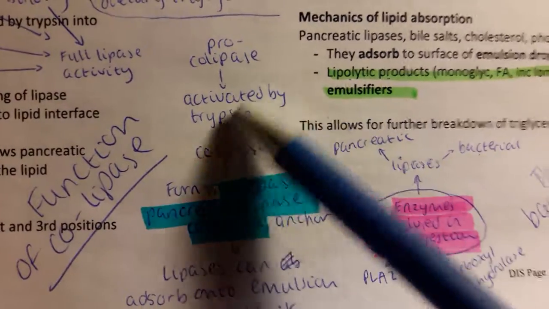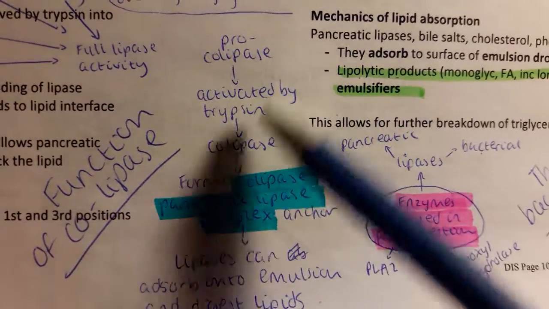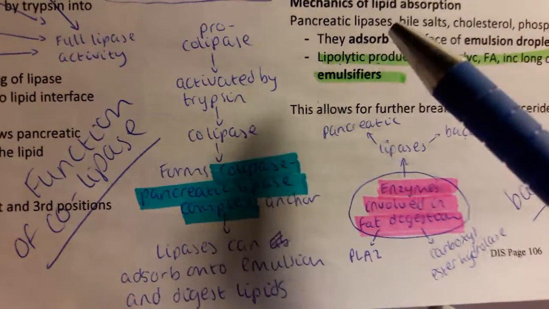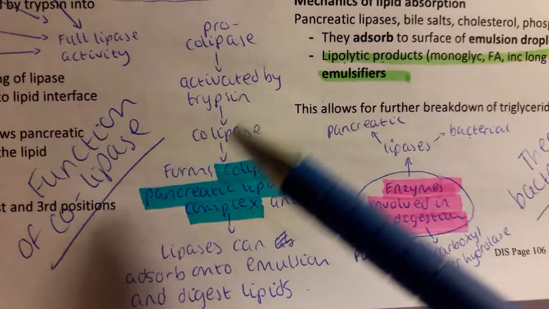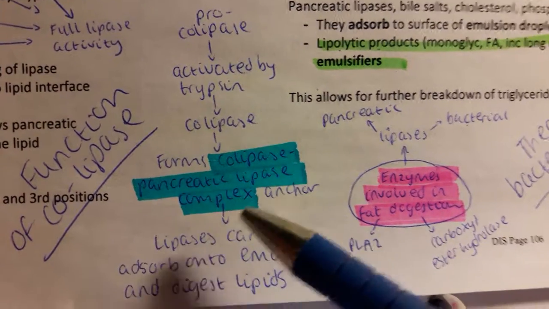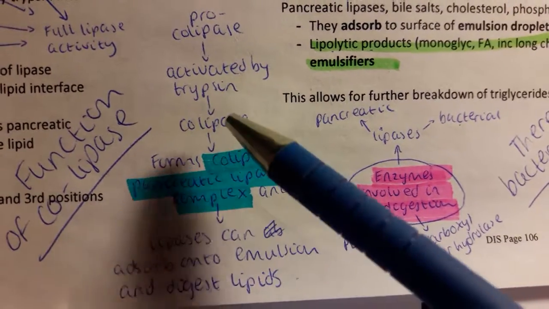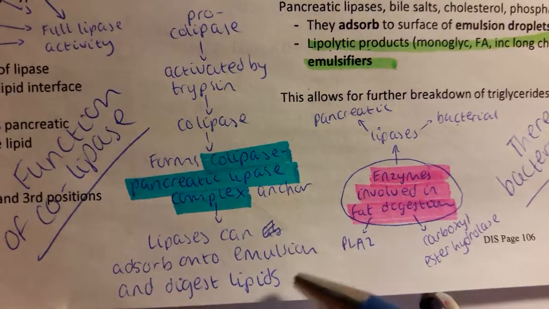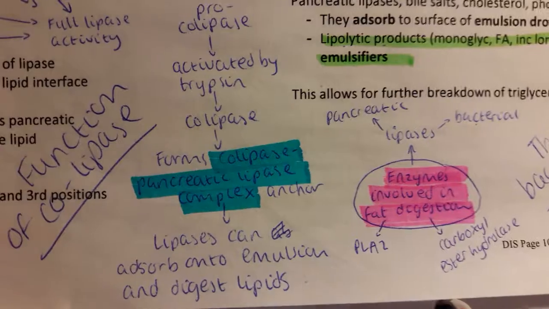So this bile salt emulsion, like a blob of lipids with bile salts on the outside, the colipase is the anchor, the link between the lipase enzyme and the bile salt coating, to allow the pancreatic lipase to go in and digest the lipids on the surface.